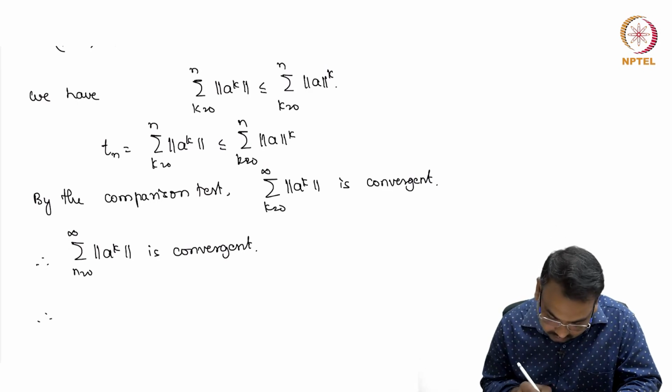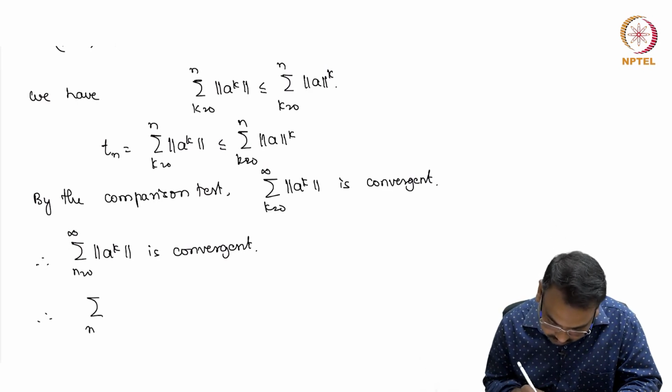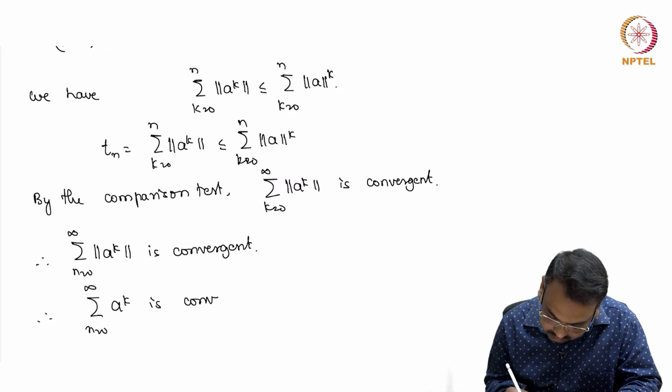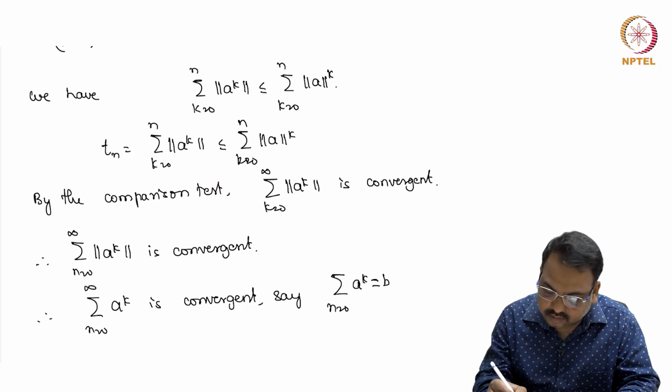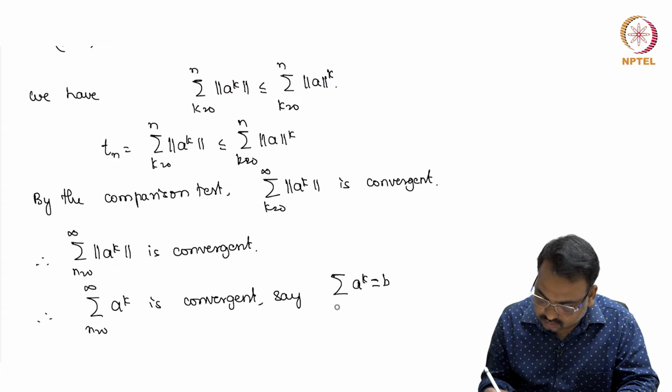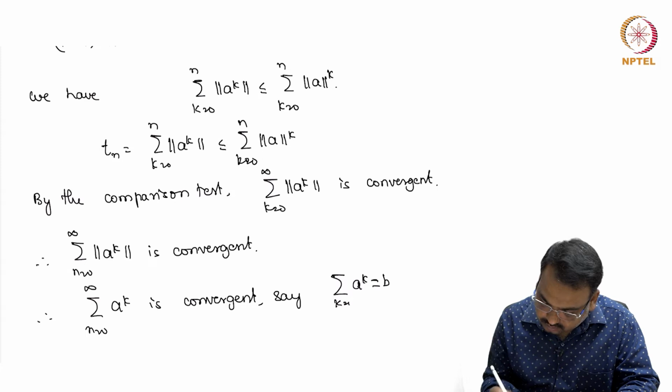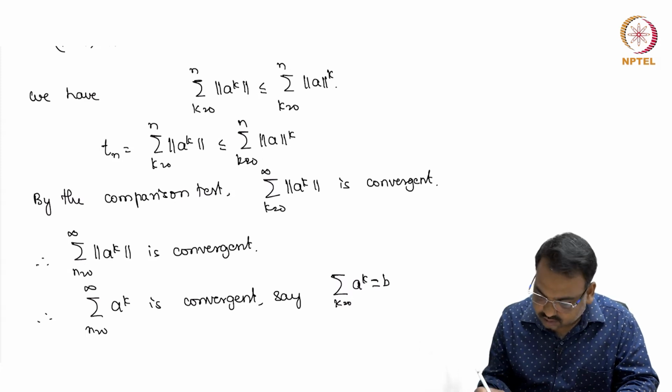So therefore we can say that the summation is convergent. Assume that this limit is b.